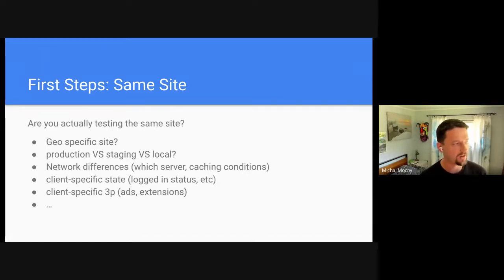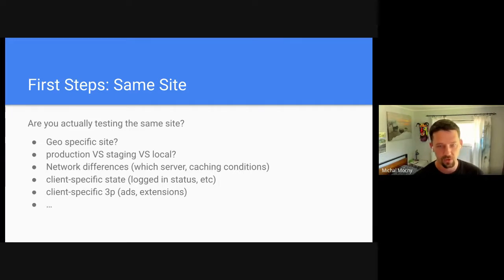Very commonly, there are network differences or device-specific differences, and you might need to set up specific caching conditions or whatnot. Then there's client-specific state. Maybe a particular user was logged in when this happened, or wasn't logged in, or maybe they were getting some sort of sign-up flow.